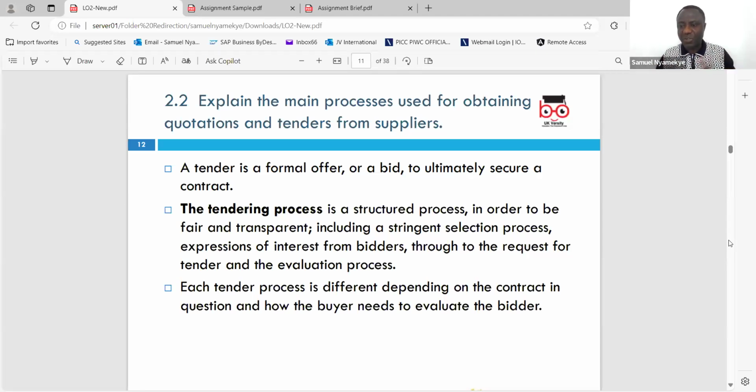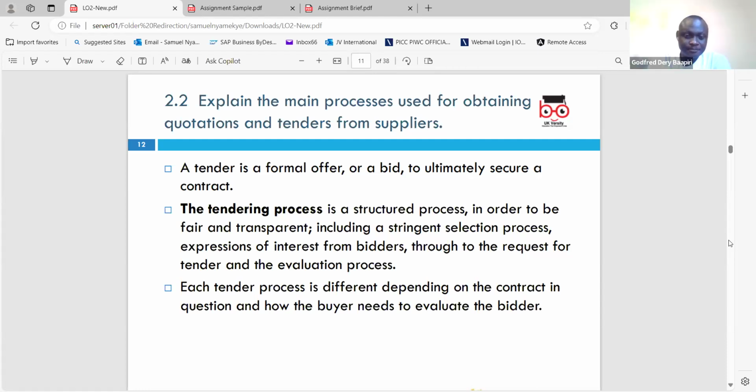Then they will state the lead time, which is how long it will take for the item to be ready. So this is a document that we call a proposal, an offer that they've made to you. And it comes back to you for you to now examine whether it meets all that you want. Then you can conclude.